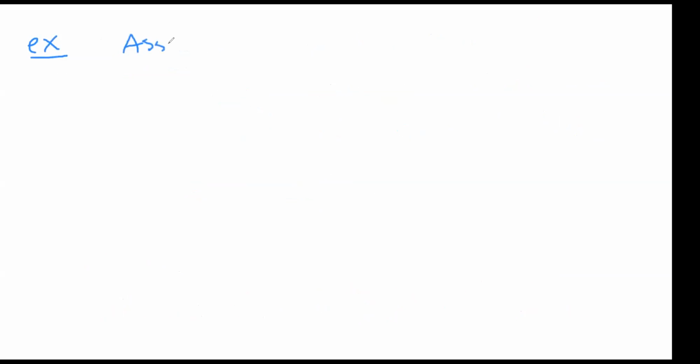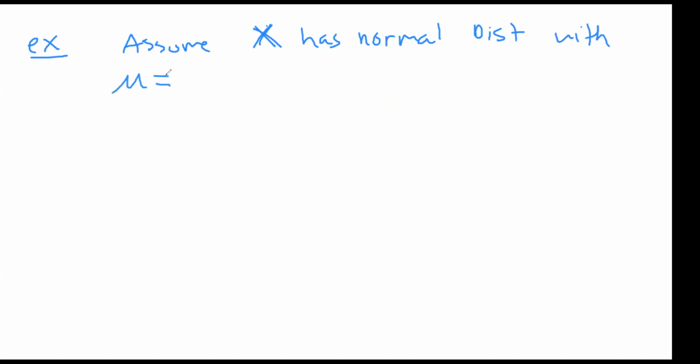So let's assume X has normal distribution with a certain mean, let's say, I don't know, let's say 5.2.